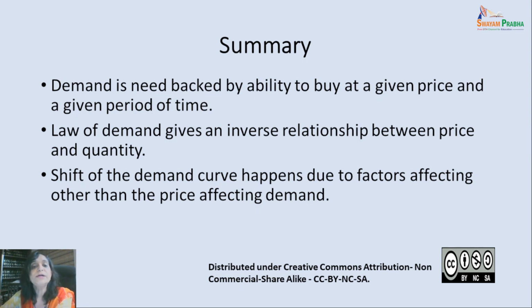Movement on the demand curve takes place because other factors remain the same, but the price of the product is changing, so you move from one point to another on the demand curve. Whereas a change in demand leads to a shift in the demand curve, which can be an outward shift or an inward shift. When factors other than the price change, this leads to the shift in the demand curve.